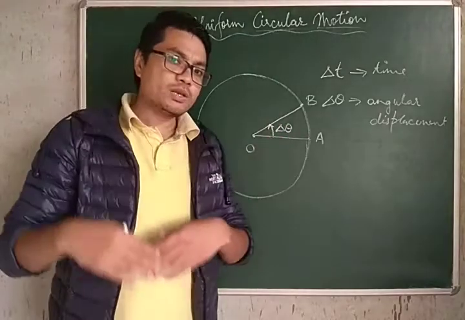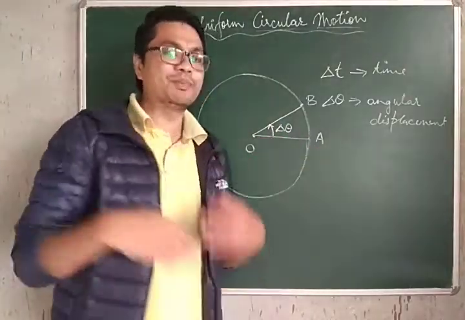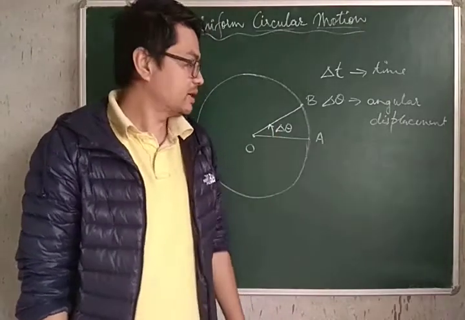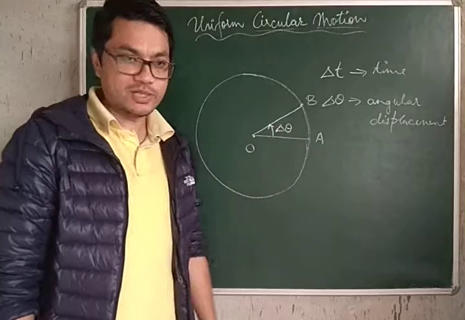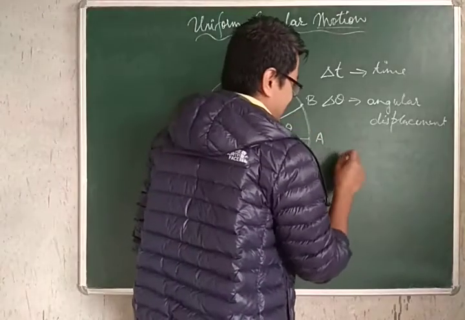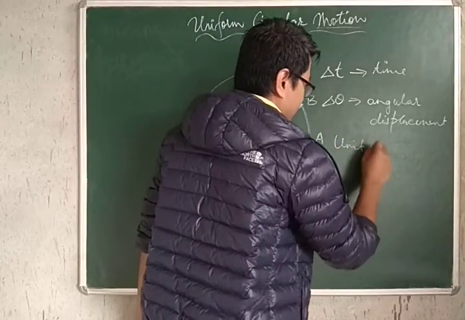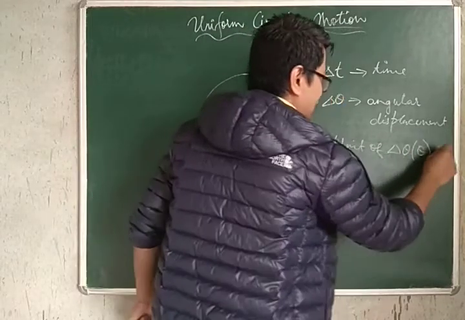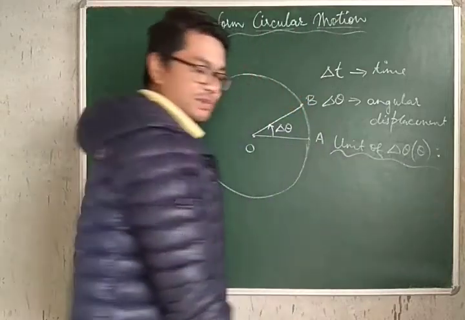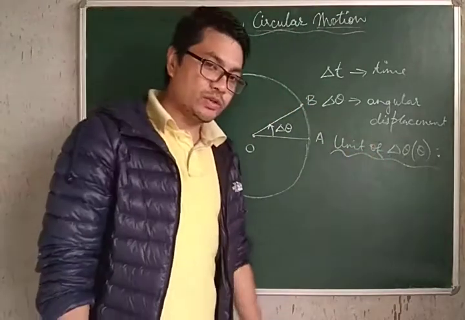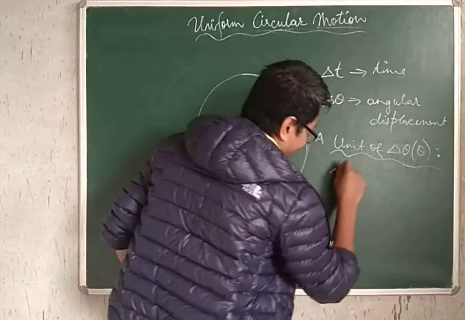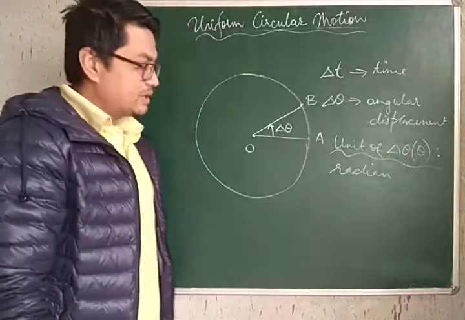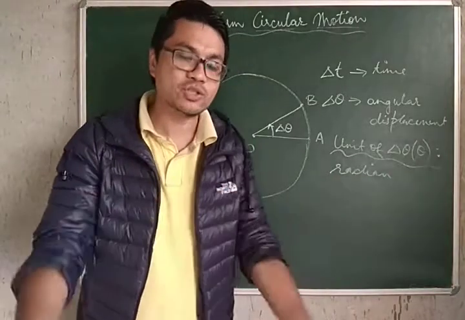So like we have linear displacement or simply displacement in case of linear motion, here we will have angular displacement. Now the unit to measure angular displacement, delta theta or simply theta also, in some books you will simply see the angular displacement represented by a theta. So the unit for angular displacement is radian. Now remember, radian itself is a dimensionless quantity.